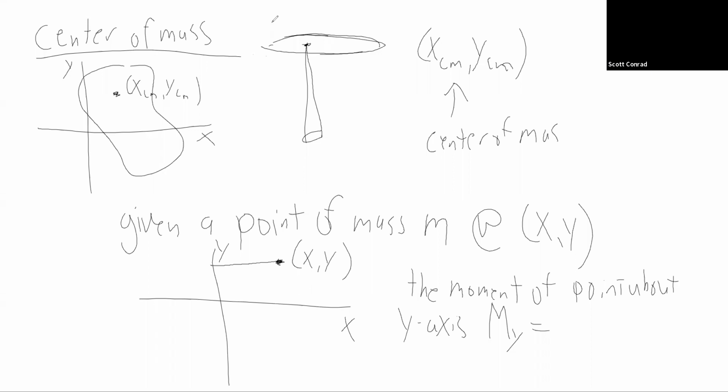Well, what is the distance of the point (x, y) from the y-axis? Okay, not just the distance, but the directed distance. If you're on the other side, it would exert a moment of the opposite sign. So it's basically going to be x.